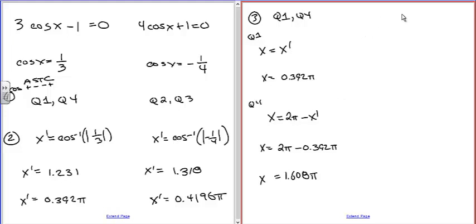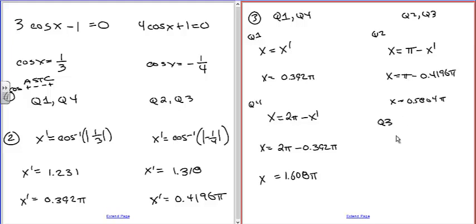Over here, I've got my second and third quadrant solutions that go along with the right-hand side. In the second quadrant, the angle is equal to pi minus the reference angle. So x is equal to pi minus 0.4196 pi. So you get 1 minus 0.4196, which is 0.5804 pi.